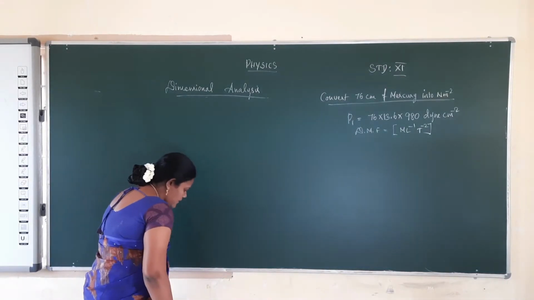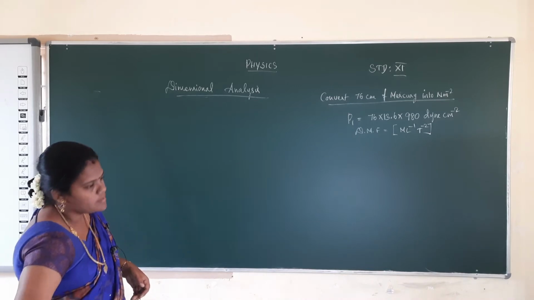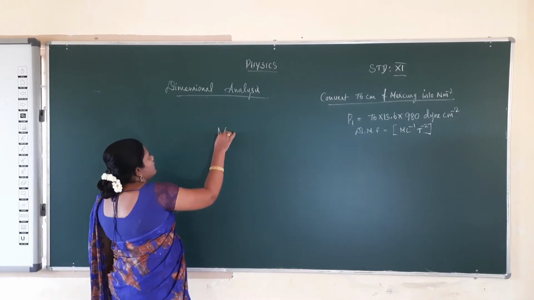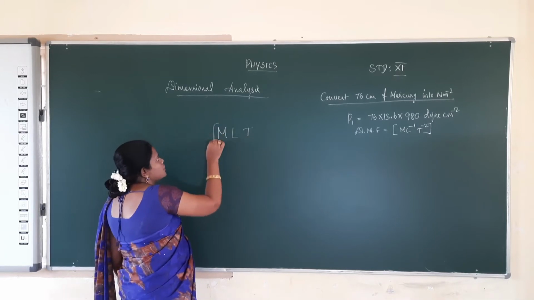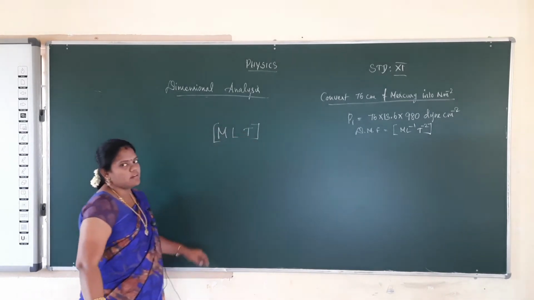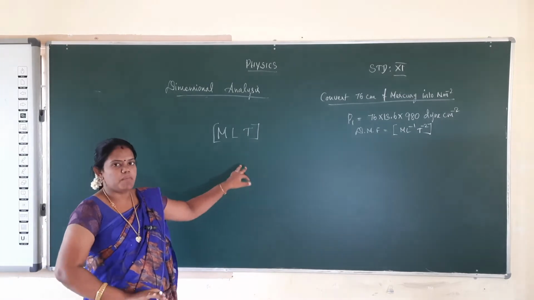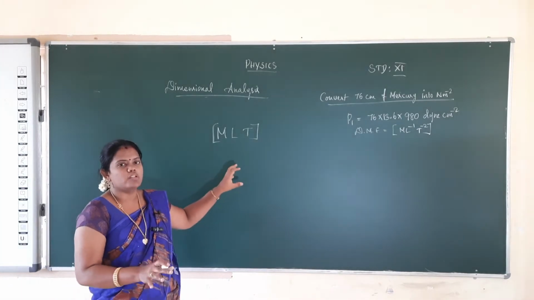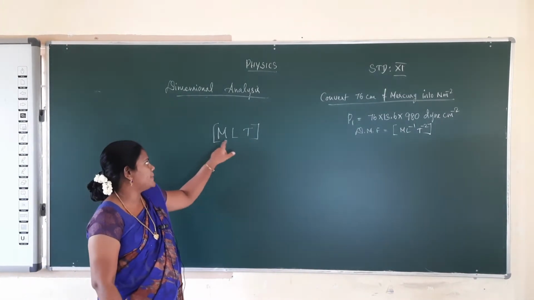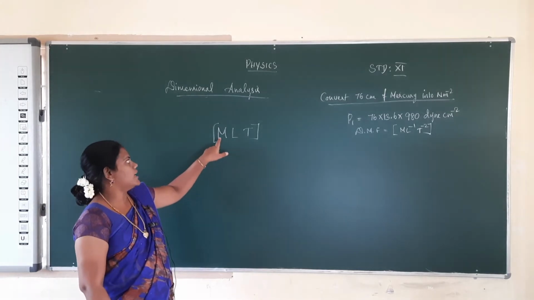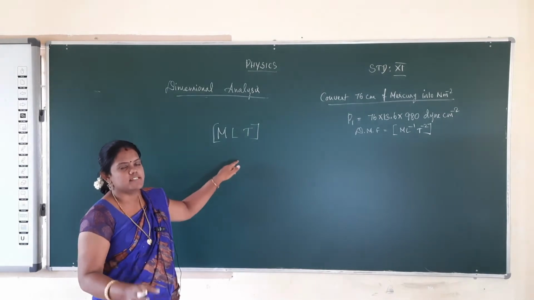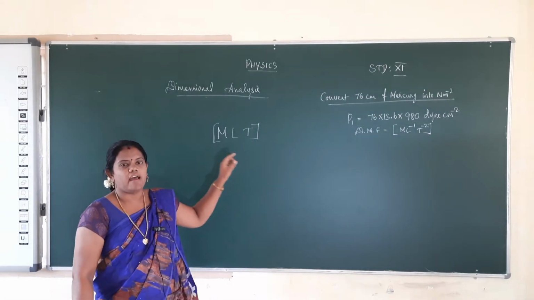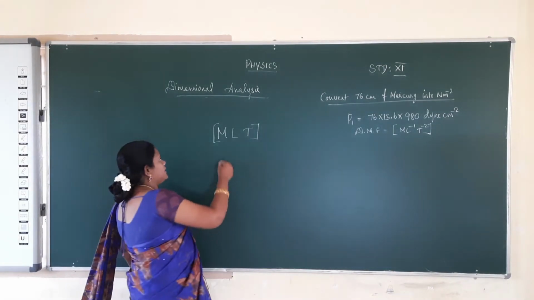For example, mass, length, time. Mass is capital M, length is capital L, time is capital T, and when mentioned in a square bracket, it is called a dimension. Dimension is nothing but M, L, T denoted in a square bracket. All physical quantities should be written in capital letters, and they can also have powers. What is the meaning of that?